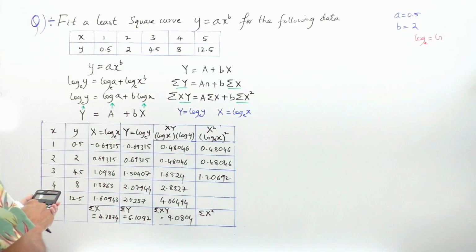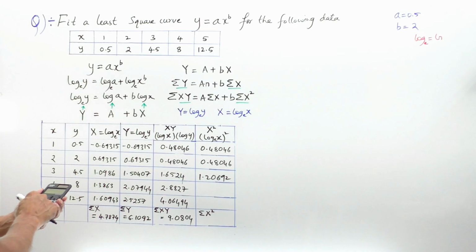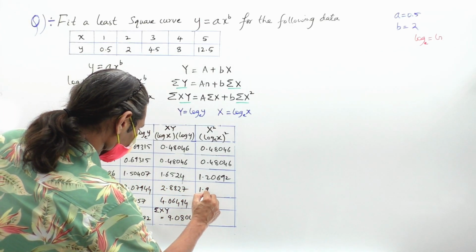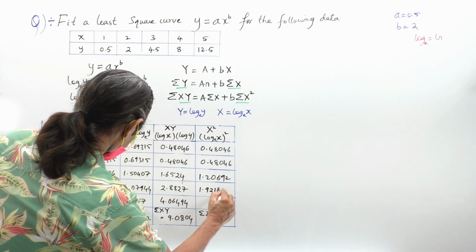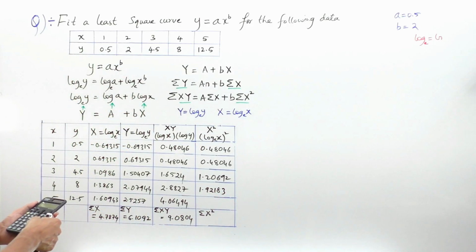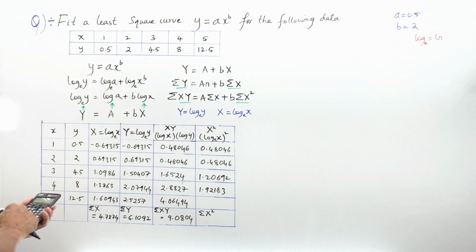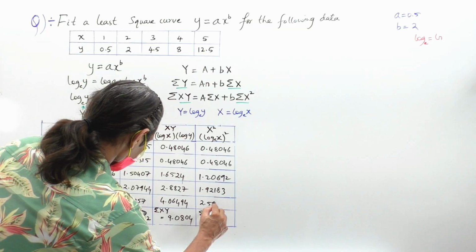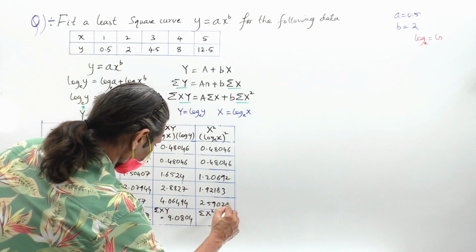Then 1.3863 square is equal to 1.92183, and lastly 1.60943 square is equal to 2.5926.